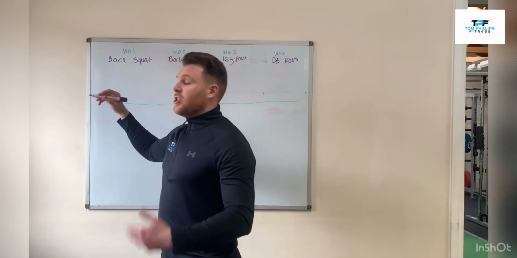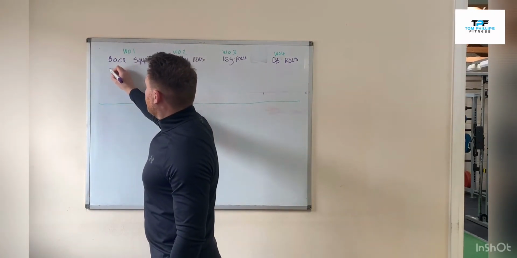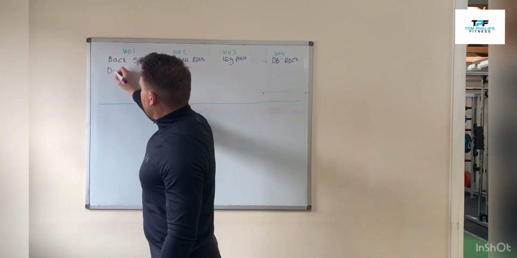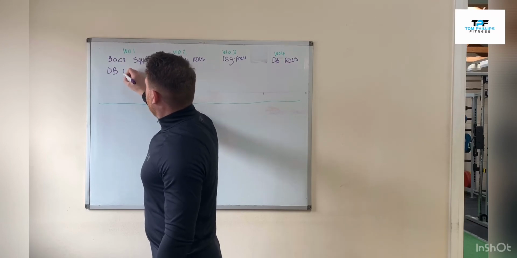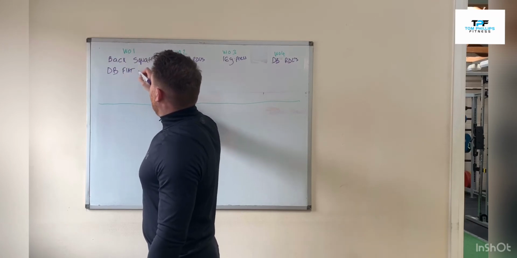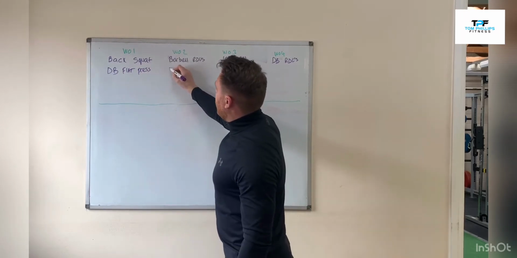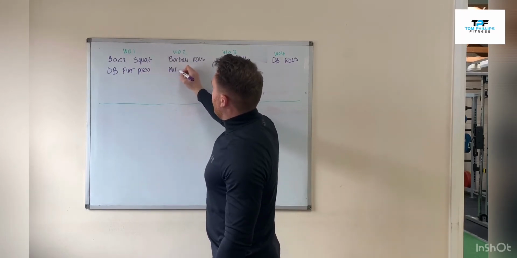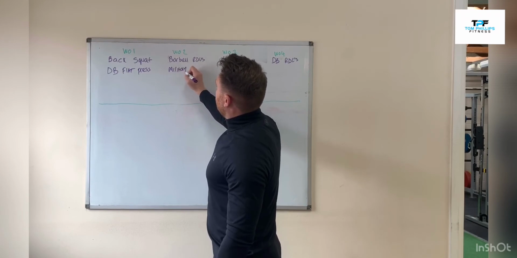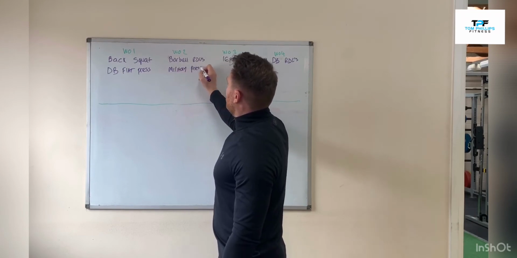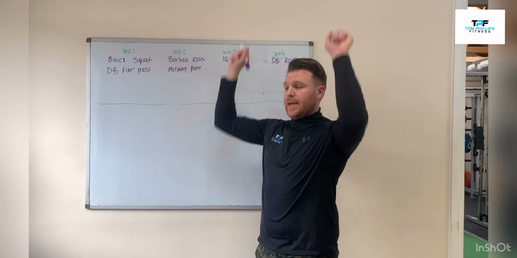We're then going to move into chest, and we could go in here with a dumbbell flat press, into a military overhead press. Military press is your barbell standing overhead.